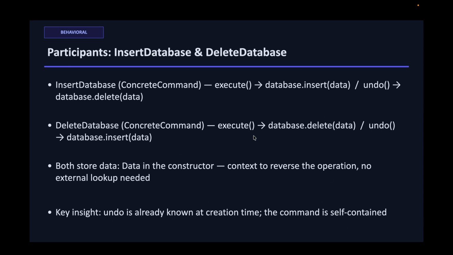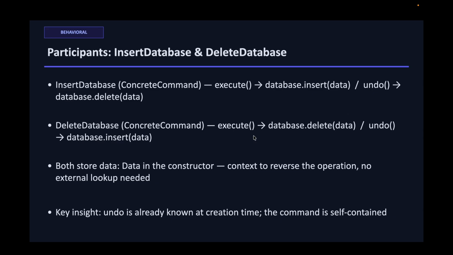The participants here, the insert database and delete database, these are the concrete commands where the undo magic actually lives. So the insert database takes a receiver reference and the data record in its constructor. Execute calls the database insert, and undo calls the database delete for the data.